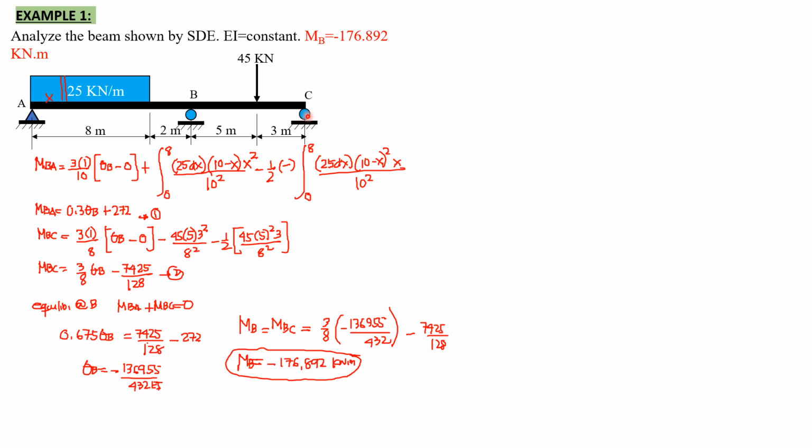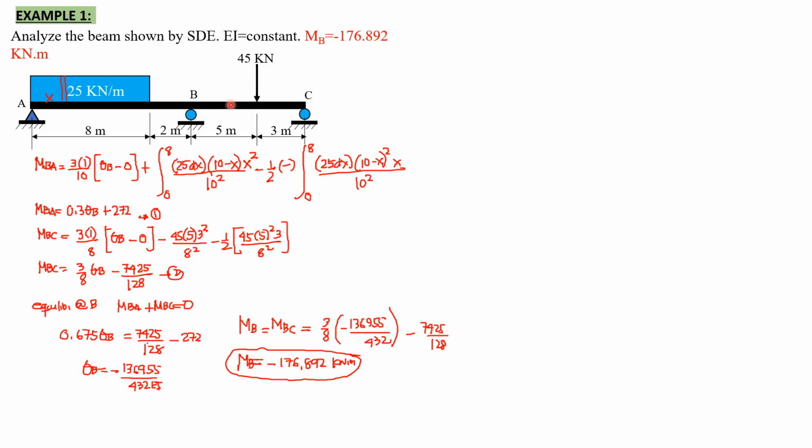M_BC, on the other hand: B is the near end, and the expected fixed moment at B is negative because it is on the left, and the expected fixed moment at the right is positive. So 3EI, 3 times 1 over 8, the formula is this because the far end is expected to have zero moment. Then theta near, theta B, minus delta over L, which is 0 as already explained. The fixed moment at B is negative P a b square over L square.